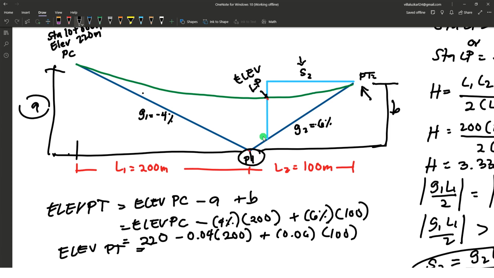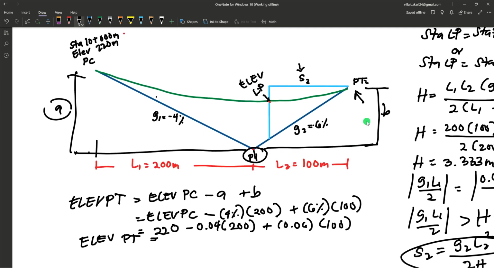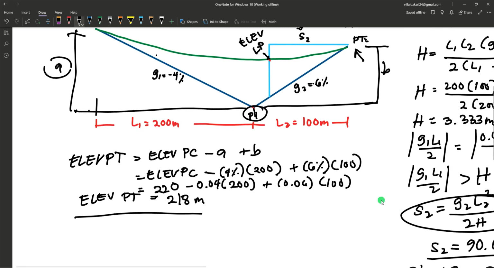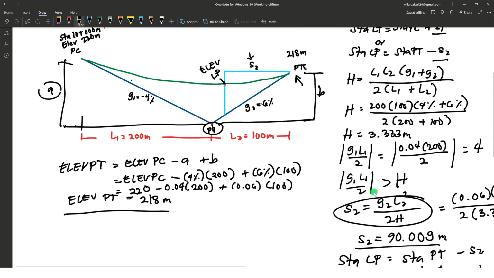The elevation at PT is equal to 218 meters. So now, how do we determine the elevation of the lowest point given the elevation at PT? The elevation of the lowest point is equal to the given elevation at PT.